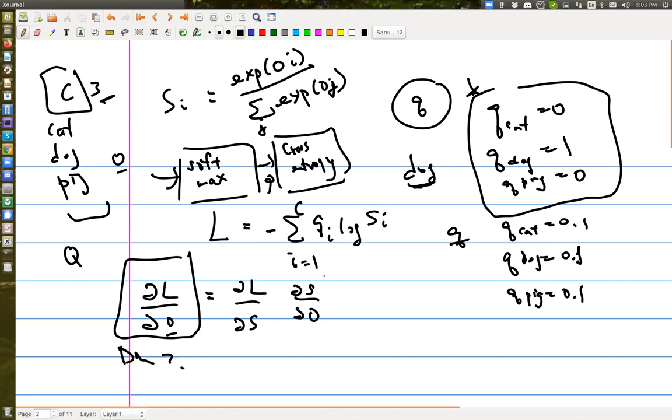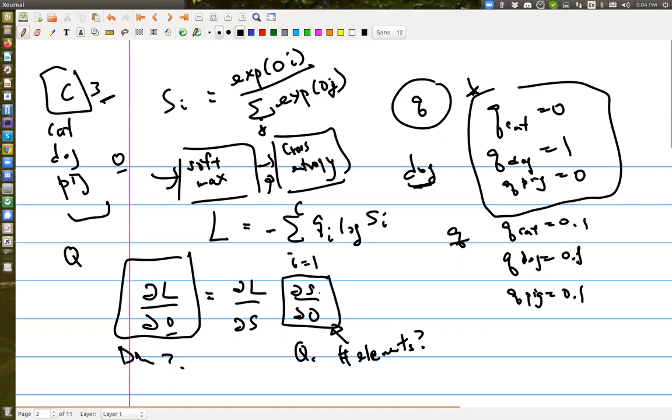Maybe another question: what is the dimension of this guy here? Or maybe the number of elements of this guy here. Let me make it a little more precise, because dimension depends on how you arrange it.